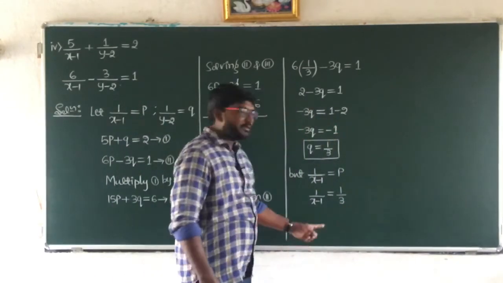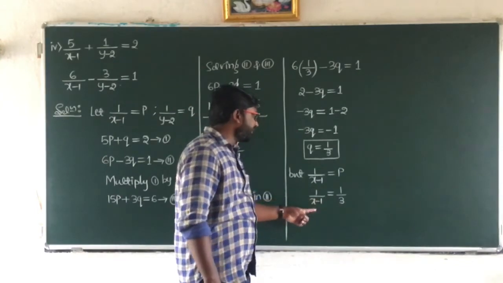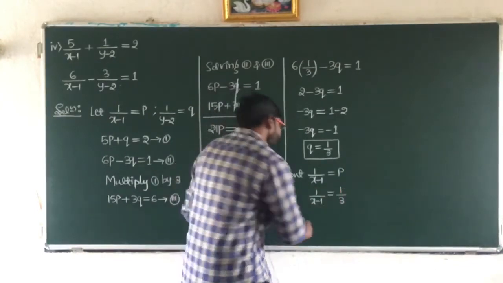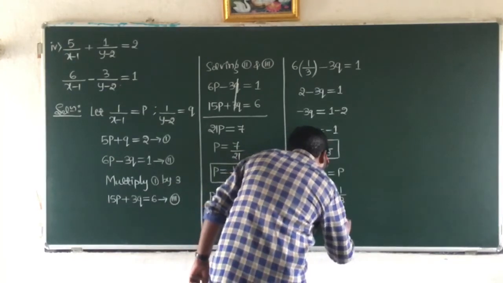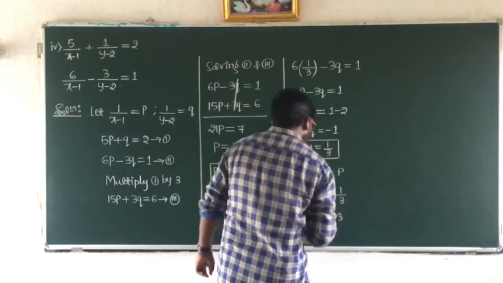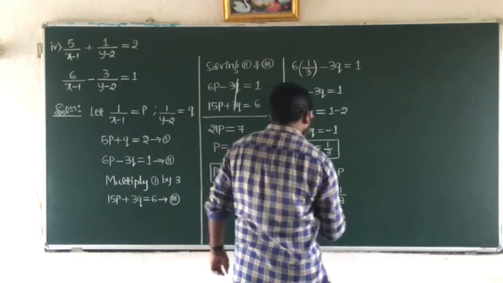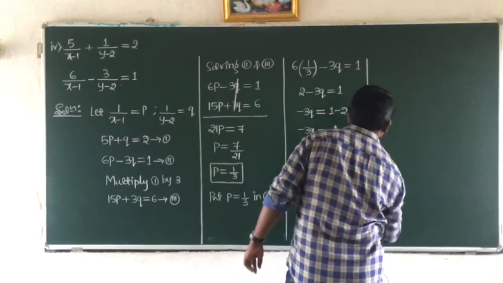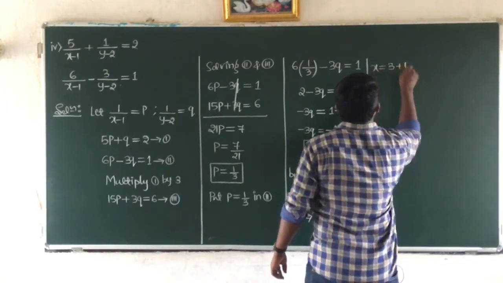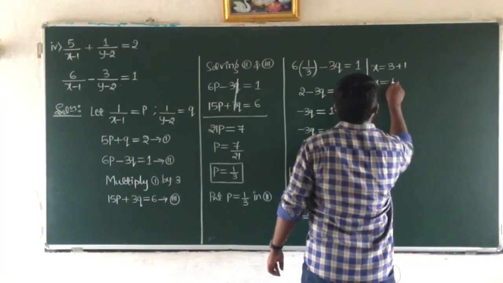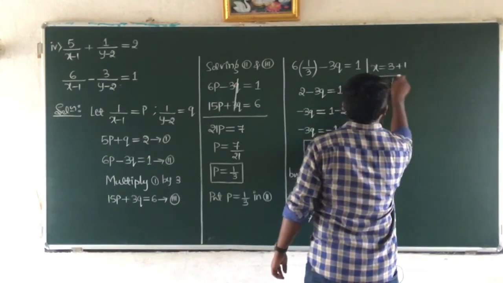So, go for the cross multiplication, 3 into 1 is 3, x minus 1 into 1 will be x minus 1. So, this implies x minus 1 is equal to 3, then take minus 1 to the RHS, it becomes plus 1. So, x is equal to 3 plus 1, x is equal to 4. We have got the value of x.